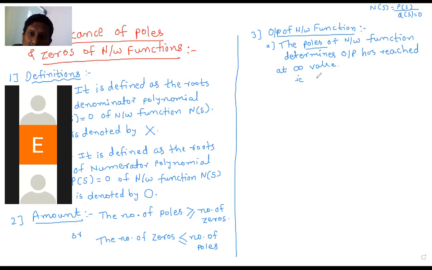That is, N of s becomes infinite when Q of s is equal to 0. Okay.